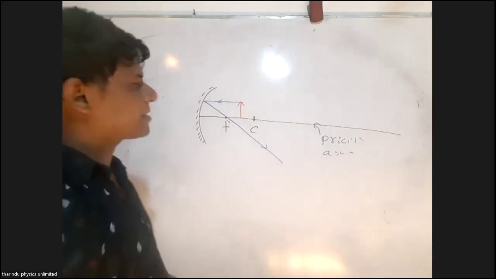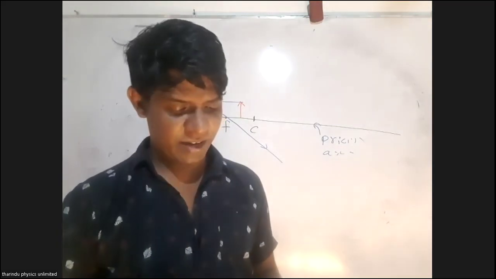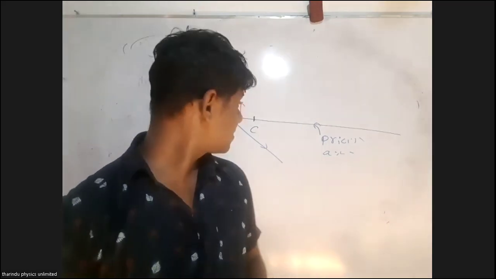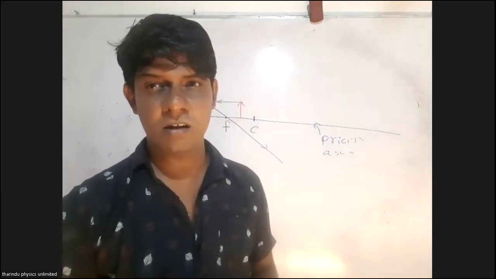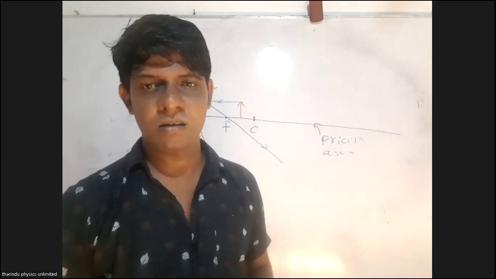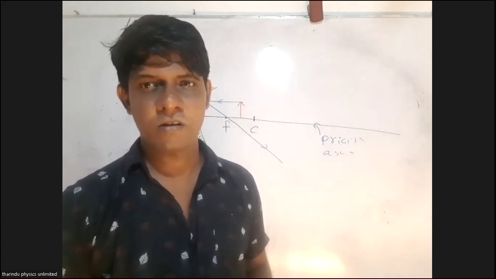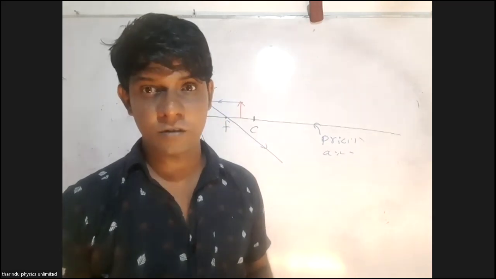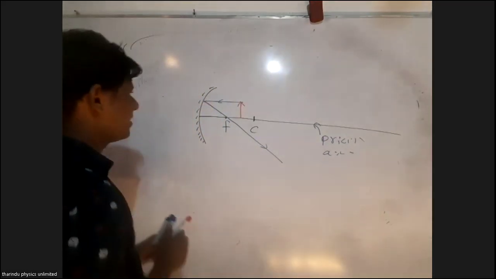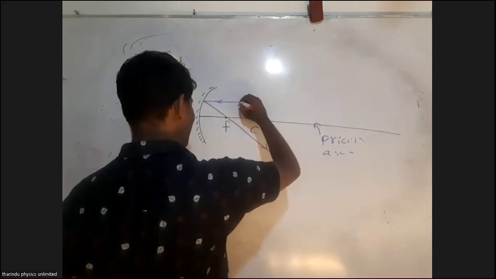Then you have to draw the second ray. What is the second ray it should be? What is the second ray? Through C. Very well.